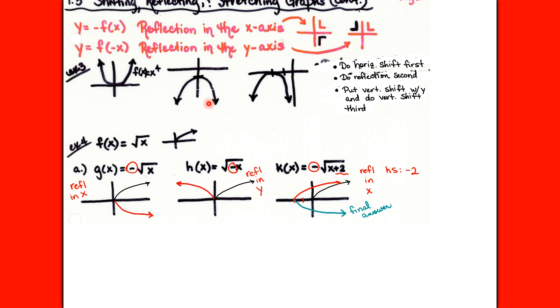Okay, it's had a vertical shift down. What else? It was opening up and now it's opening down. So what would cause that? Yeah, a reflection, and specifically, as you said, in the x-axis. So this has been reflected.